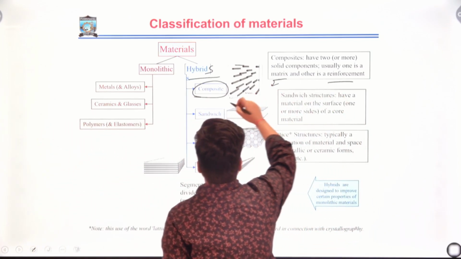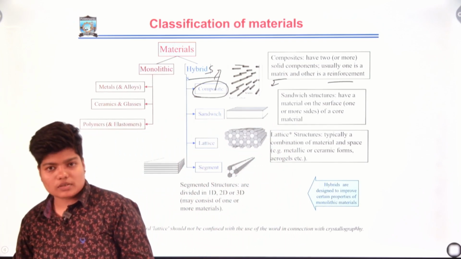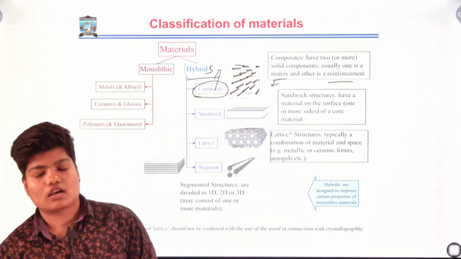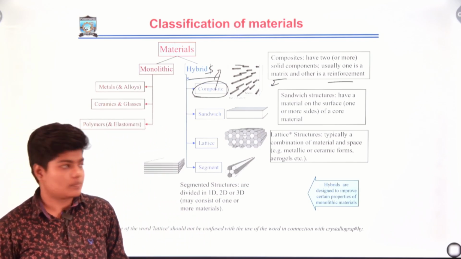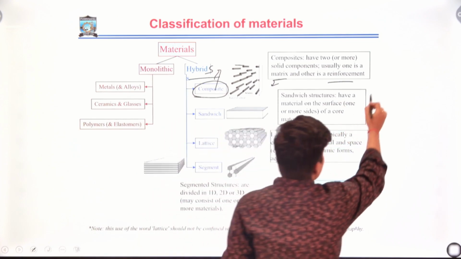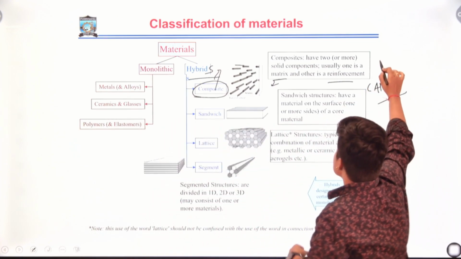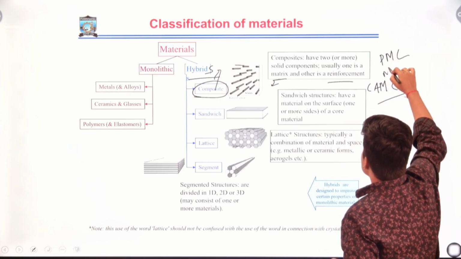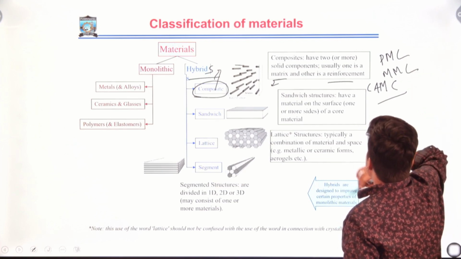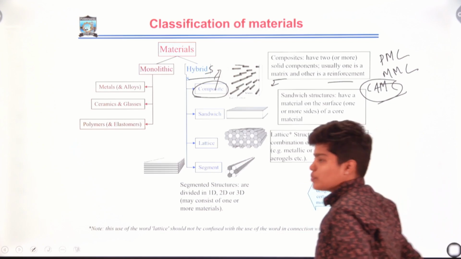The composite materials again are of types: polymer matrix composite materials, metal matrix composite materials, and carbon matrix composite materials.